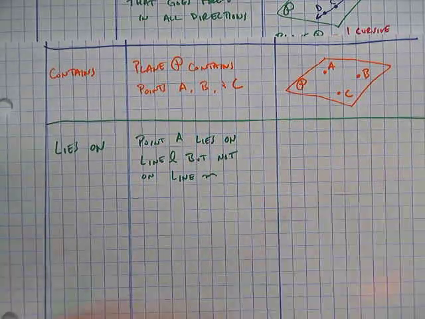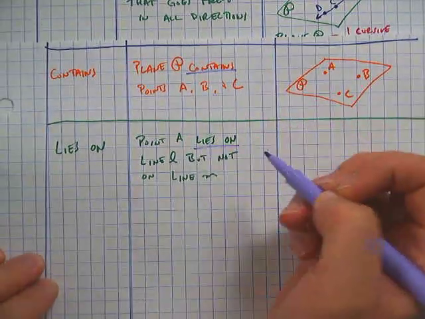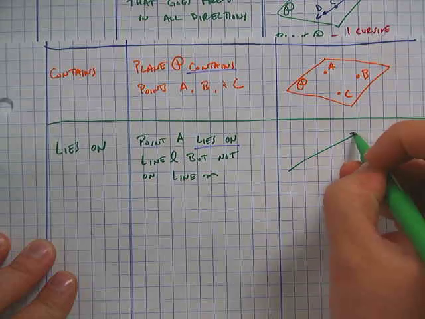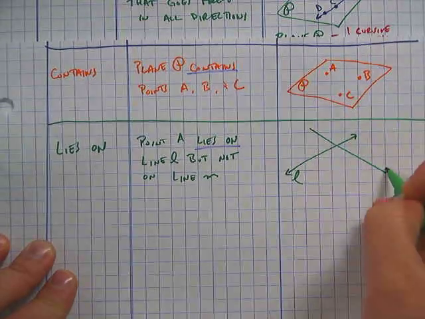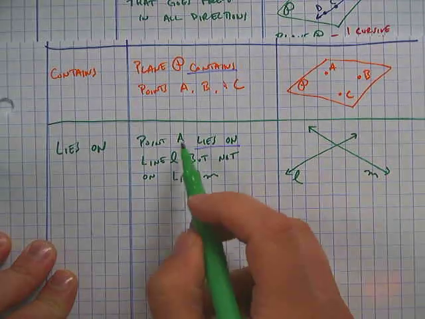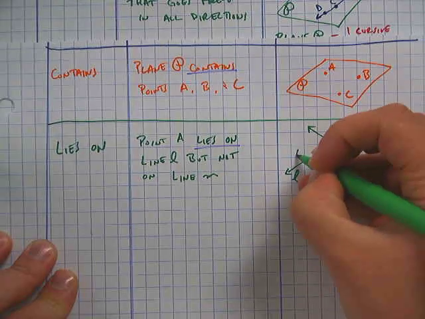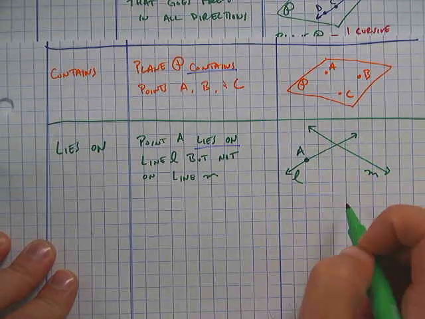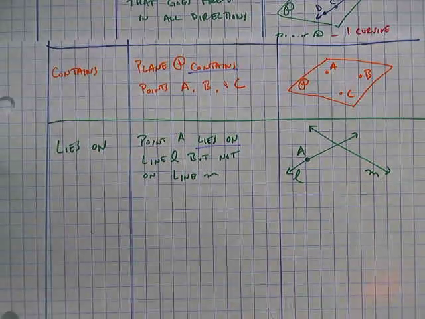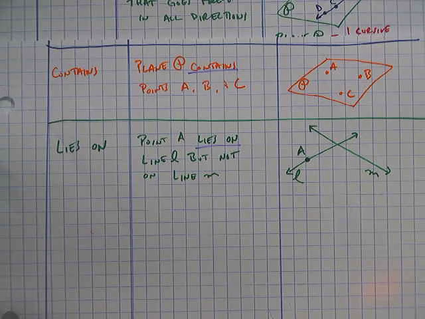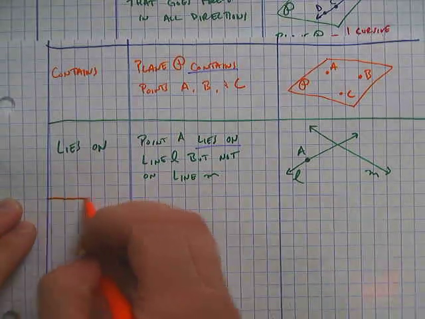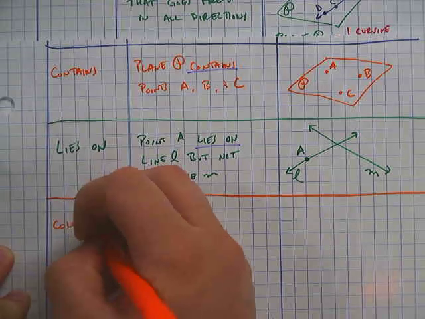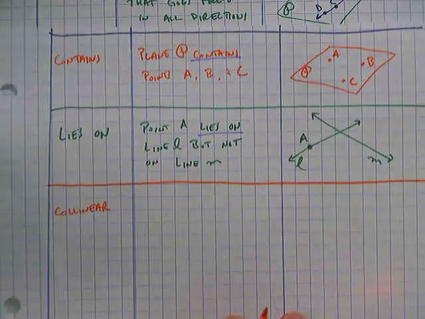So we could say something like point A lies on line L, but not on line M. Okay, so we could say something like that, and the picture that that would give me is it would tell me that I've got a line L, and I have a line M. They can be anywhere, but it also tells me that I have a point A, and that point A is on line L, but it's not on line M. So I could not put point A right here because then it would be on both lines. So I have to put it only on line L.